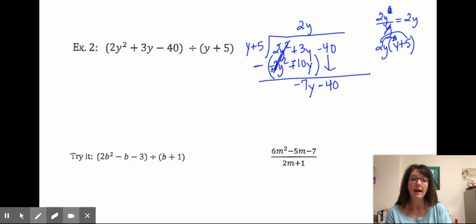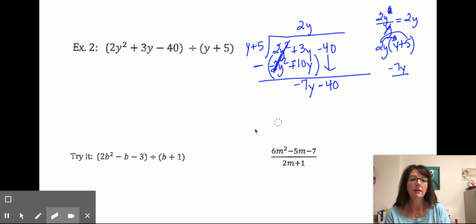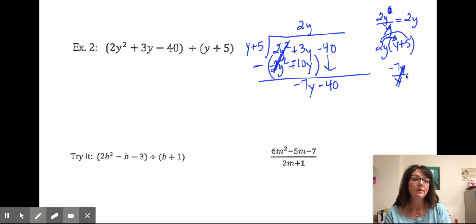Now we're taking y into -7y. So -7y divided by the divisor. Oops, that's a y. Sorry. Right here. So we know that the y's are going to cancel and we're left with -7. So we get -7. So now we're going to take -7 times our y plus 5.